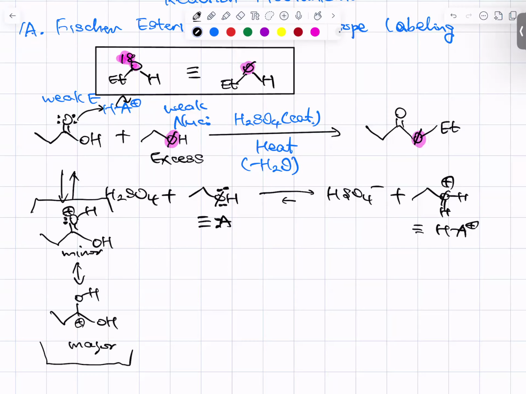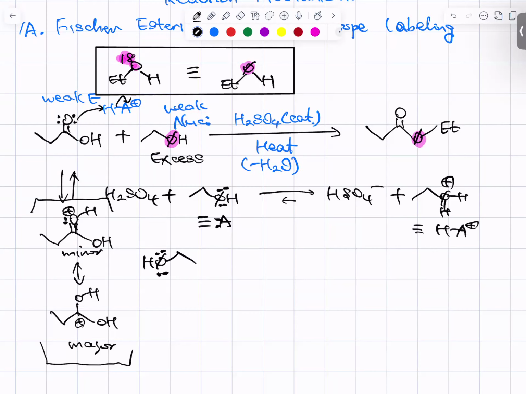Okay, so now we have an alcohol. Alcohol is a weak nucleophile, but now this activated carboxylic acid has a carbon with higher carbocation character, so we use the alcohol as a nucleophile.